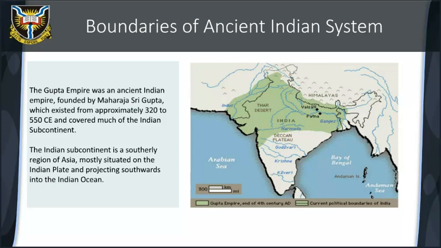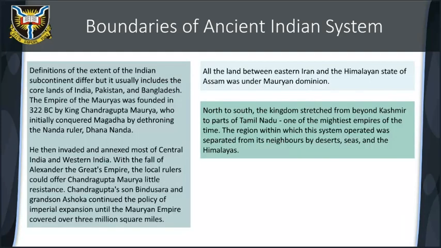The Indian subcontinent is a southerly region of Asia, mostly situated on the Indian plate and projecting southwards into the Indian Ocean. Definitions of the extent of the Indian subcontinent differ, but it usually includes the core lands of India, Pakistan, and Bangladesh.